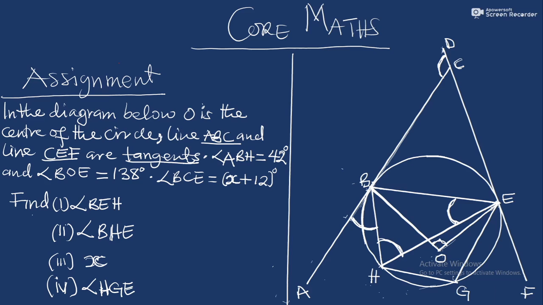Okay, so in our case we are to find the angle at the circumference. So it means that when we divide the angle at the center by 2, we'll get the angle at the circumference. I hope you get it. Good. So angle BHE will be equal to half of angle BOE. Okay, and we're given angle BOE in the question to be what? 138 degrees. So when we do the cancellation, we'll get the answer for angle BHE.